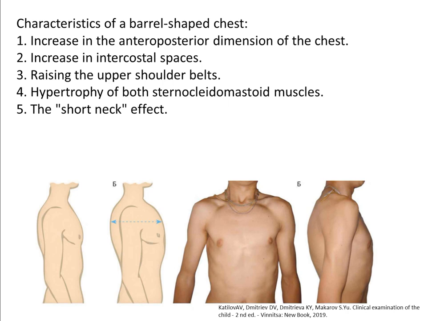It is increase in anterior-posterior dimension of the chest, increase in intercostal spaces, raising the upper shoulder belts, hypertrophy of both sternocleidomastoid muscles, and the short neck effect. It may occur due to some congenital conditions and mostly those which lead to chronic insufficiency of air and chronic obstructive disease.